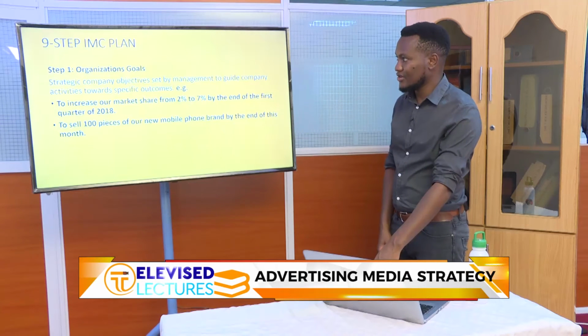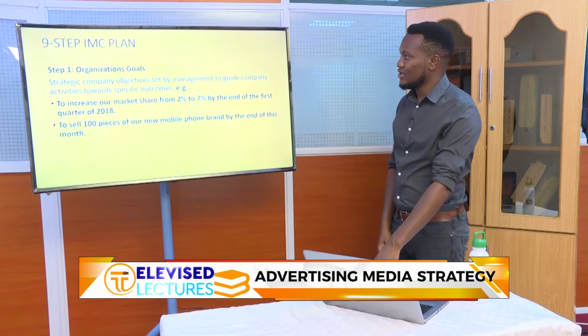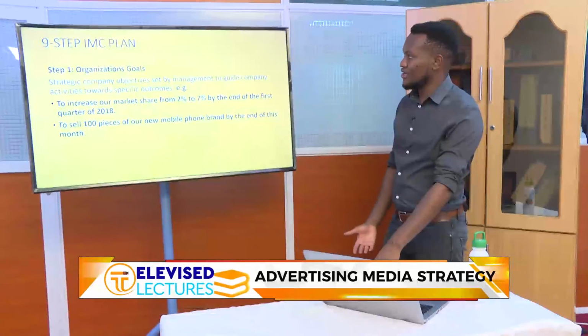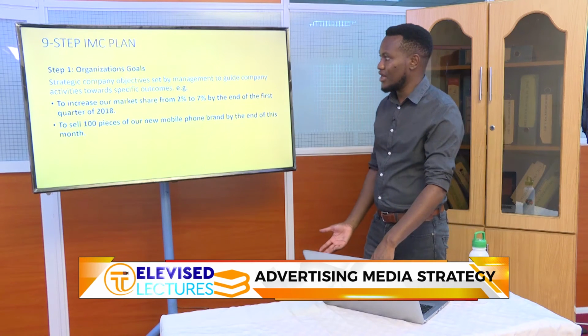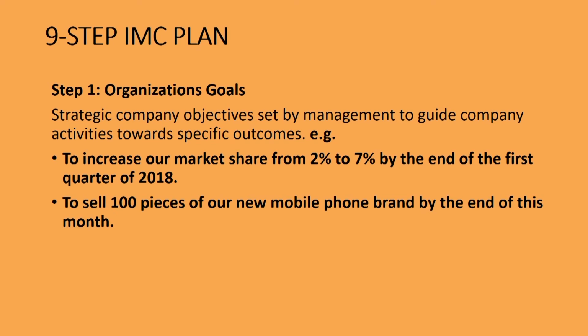I think the strategies are pretty much self-explanatory, but now I can just very quickly speak to them in detail. At the first stage, if it's the 9-step plan, you want to have very specific objectives. You set what you call SMART goals. SMART goals are specific, they are measurable, the characteristics that constitute a SMART goal.